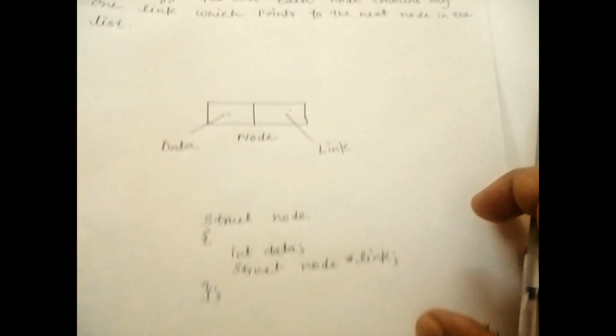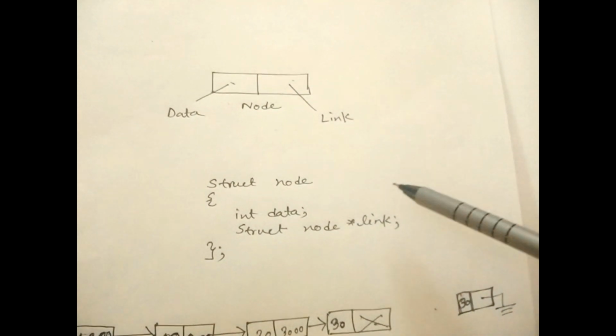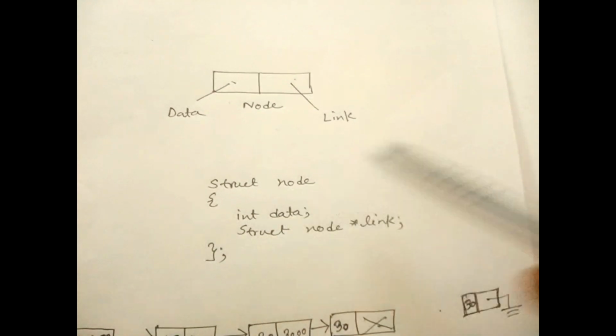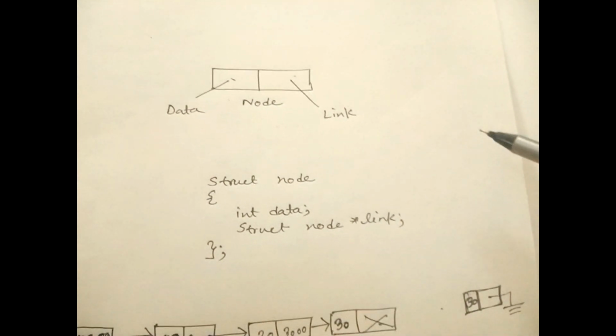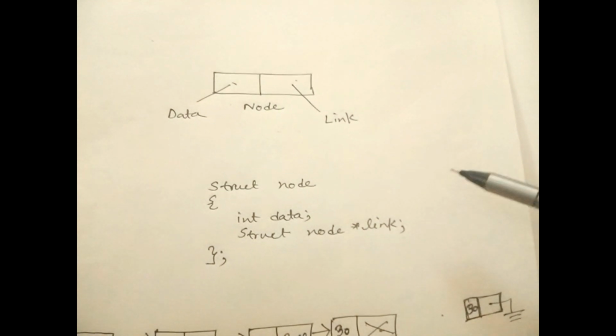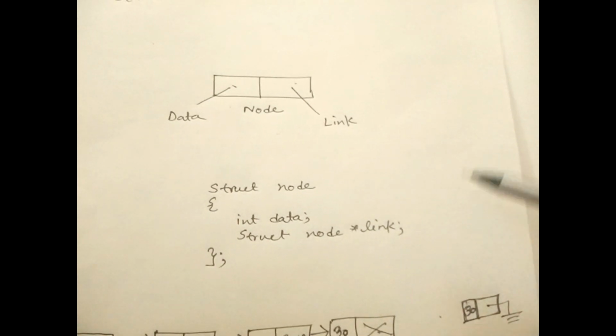Let's see how to write the structure of a node with the help of a C program. It is a representation of the node. struct is a keyword which is used to declare a structure, and node is the name of the structure. Data is an integer variable, int data, because we already knew that the node has two fields. The first field is data.